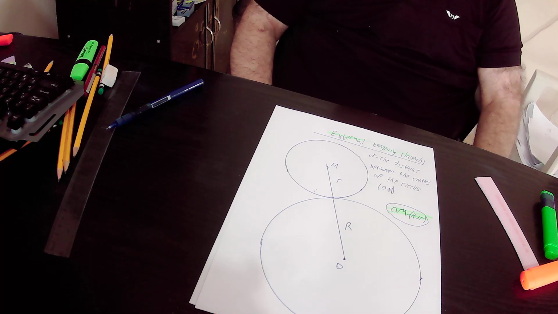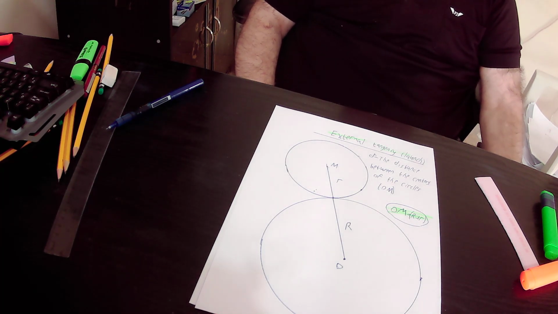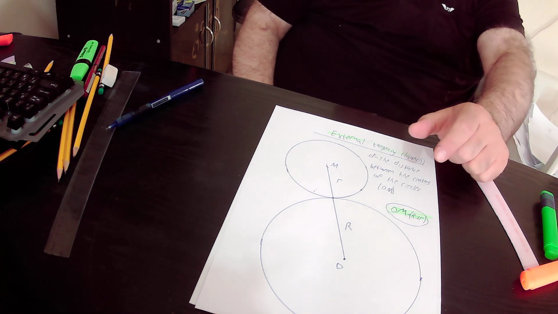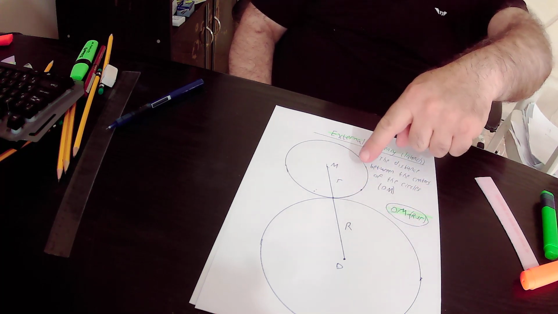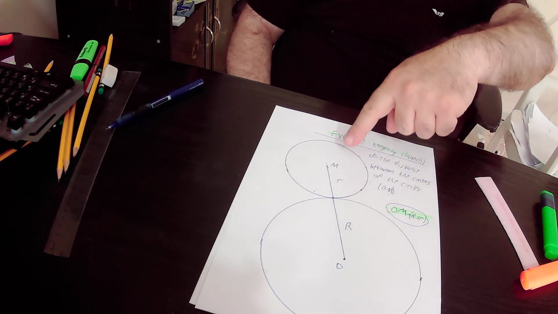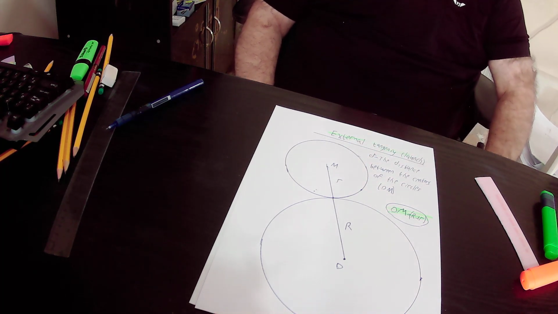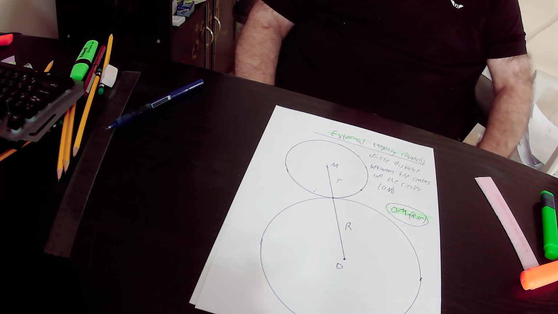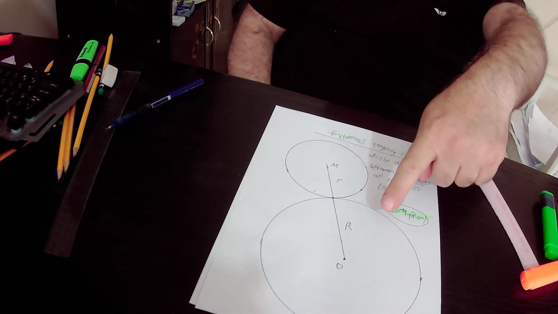Whenever two circles are touching each other externally, we are talking about external tangency, and the distance between the centers of the two circles, the length of line segment MO, will be equal to the sum of the lengths of the radii. That is to say, OM or MO equals capital R plus small r.